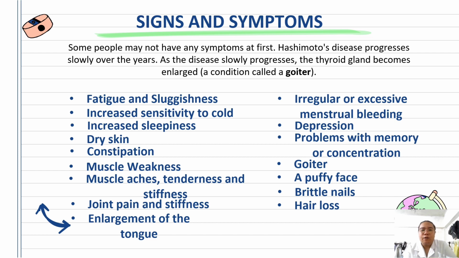So I guess we're all familiar naman with goiter, which is yung lumalaki yung parang sa baba sa leeg na part ng isang tao. So other symptoms of Hashimoto's disease that develop over time include the following.